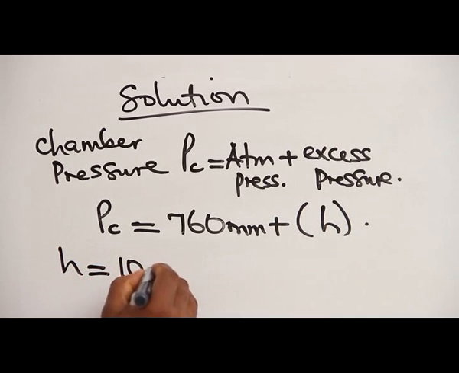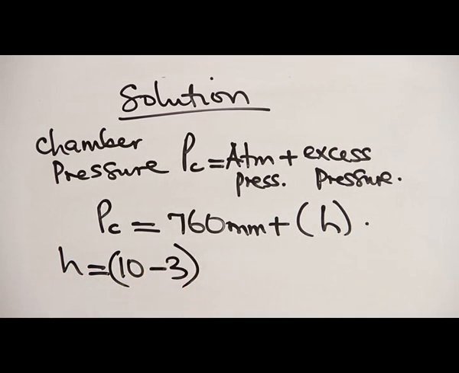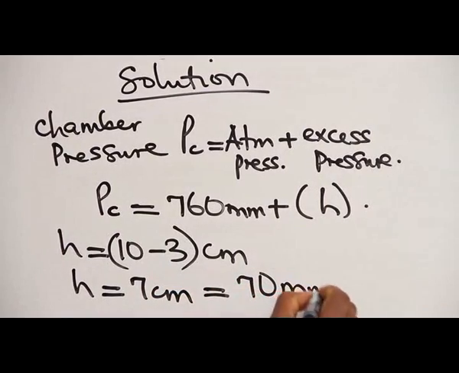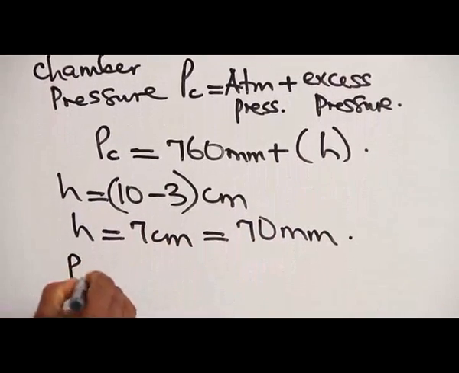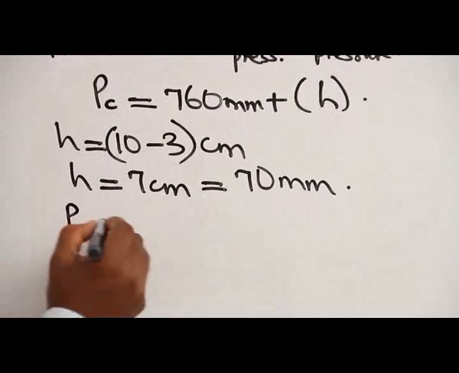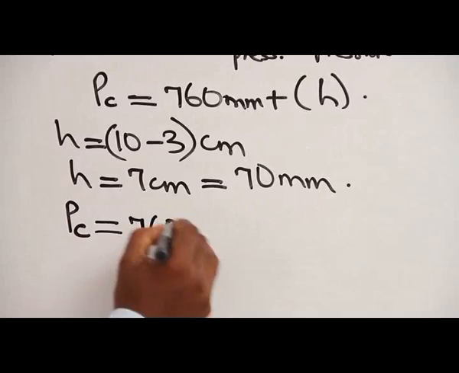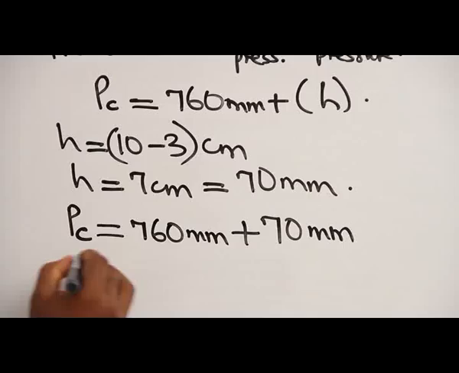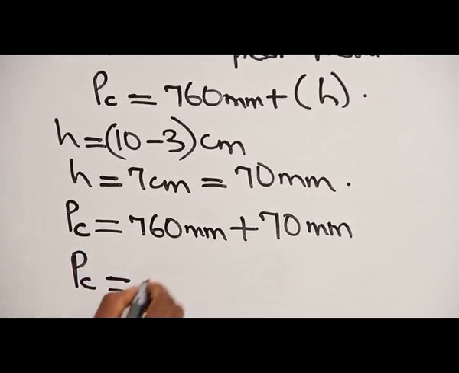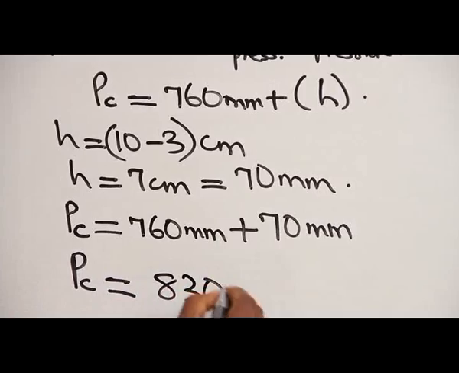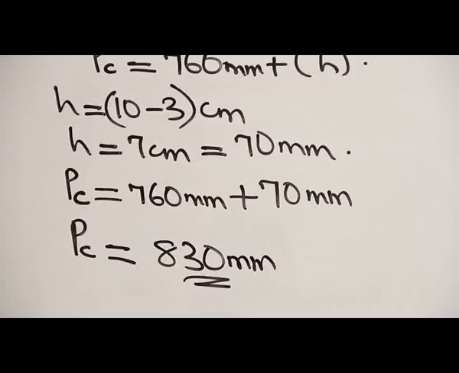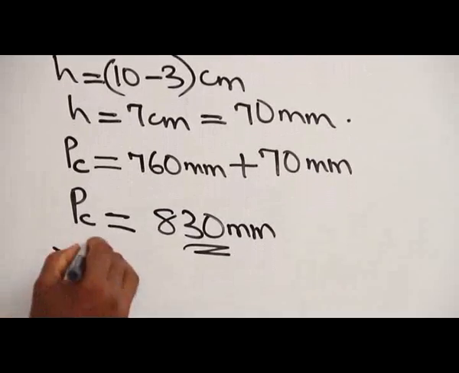H is 10 minus 3 centimeters. H is 7 centimeters, which is 70 millimeters. Therefore, pressure in the chamber will give me 760 millimeters plus 70 millimeters, which gives 830 millimeter mercury. By this solution, option C is correct.